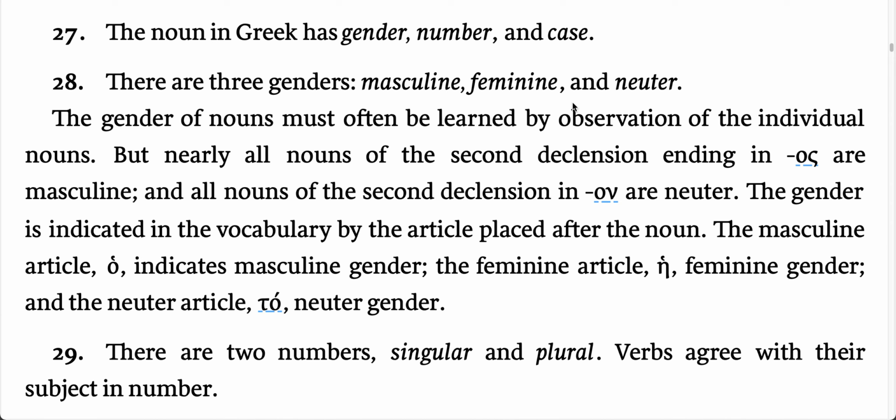Just know that there's three genders, masculine, feminine, and neuter, and you got to know which noun is which gender by the article that appears with it in the vocabulary listing.